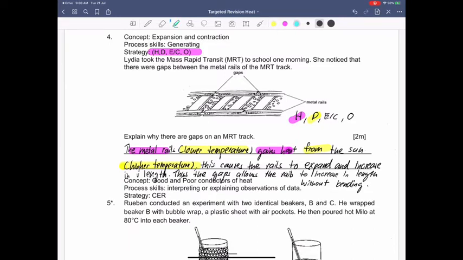The next one is causes the rails to expand and increase in length, and talking about the outcome, which in this case relates to the question. So the gaps are there to allow for expansion, which prevents the rails from bending.